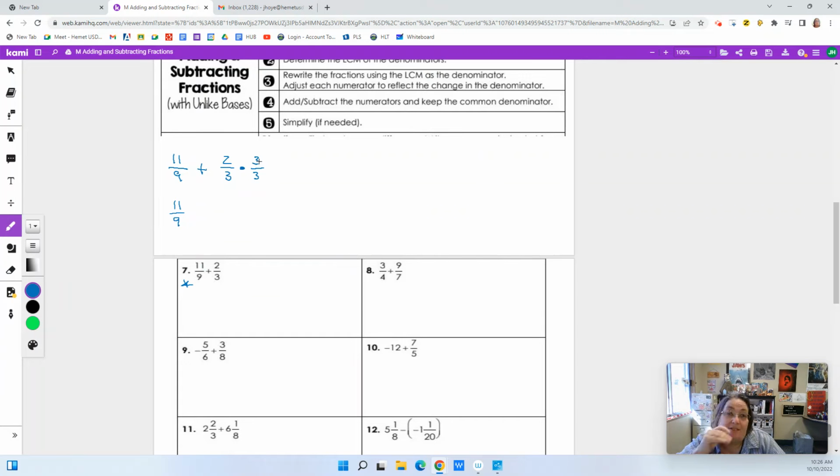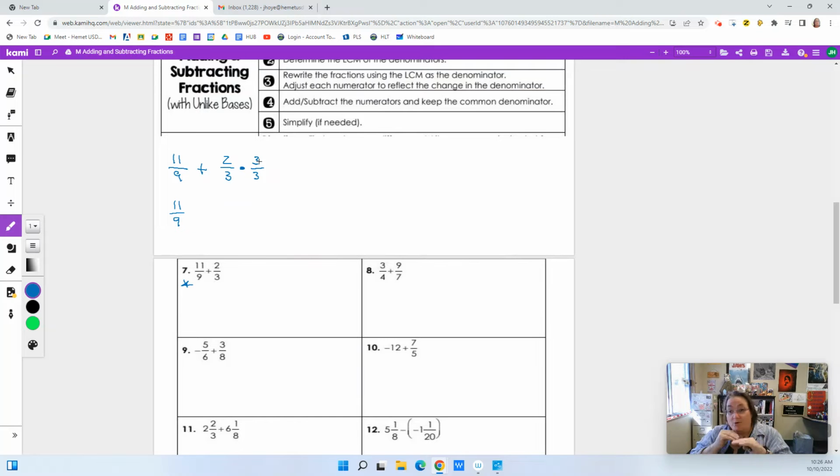So what happens when I multiply something by 1? What do I get? If I have 5 times 1, what do I get? Show me with your hands. I see that, Caitlin. Right. It equals itself, right? So if I have 5 times 1, I get 5. If I have 20,000 times 1, I have 20,000, right?